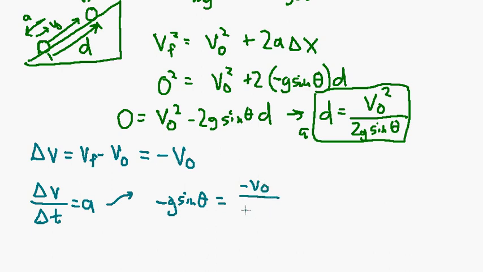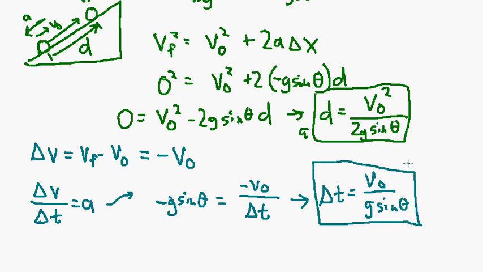So what this gives us is delta t equals v naught over g sine theta. So that ought to be correct. That's part B. So this is part A here, part B here.